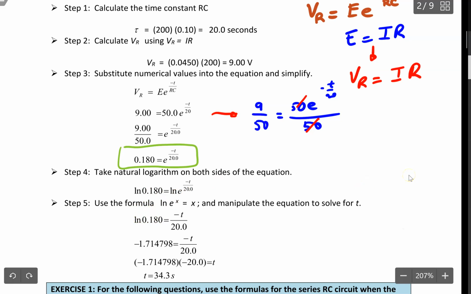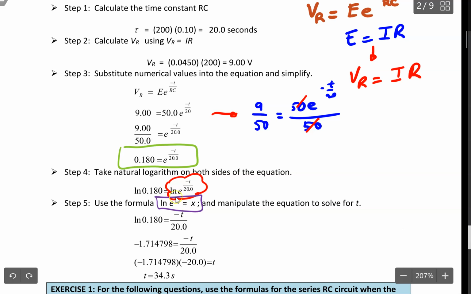So the log of 0.180 is easy to find using our calculator, but take a look at this one. I would like everyone to pay attention to this part of the equation. You have the log of e raised to the exponent of negative t over 20. Using this formula that I explained earlier, if you have the log of e to the exponent x, it's just equal to x.